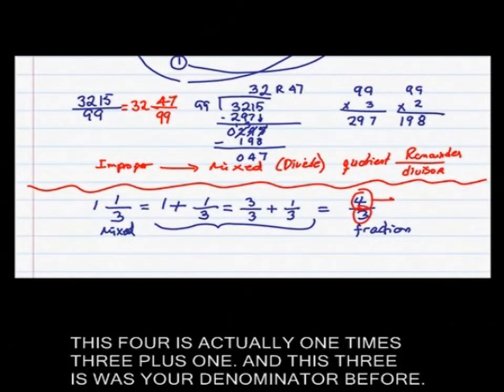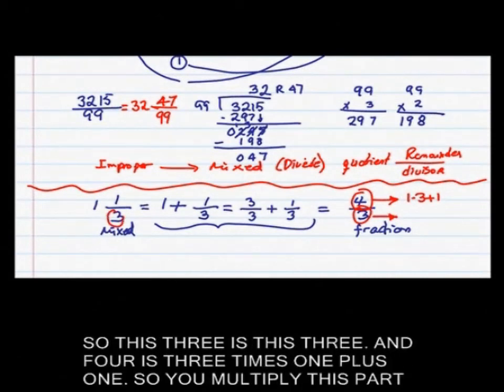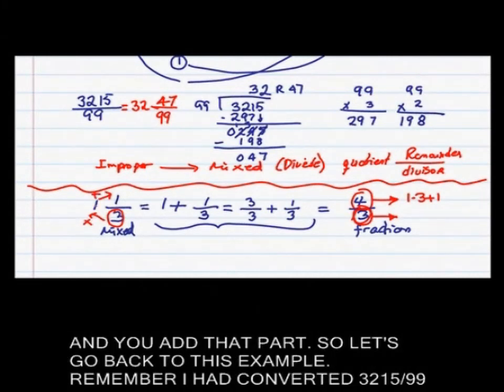This 4 is actually 1 times 3 plus 1. And this 3 was your denominator before. So this 3 is this 3. And 4 is 3 times 1 plus 1. So you multiply this part and you add that part.